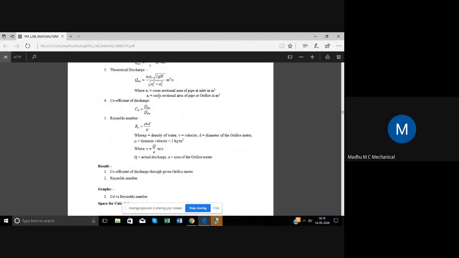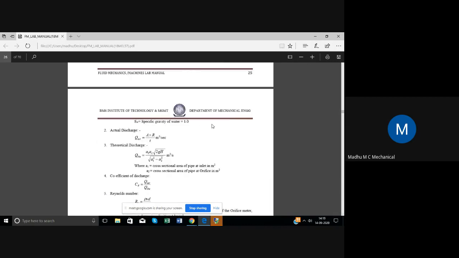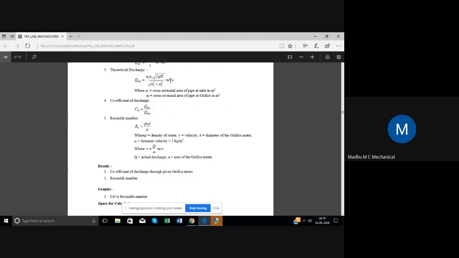So you will get A1, A2 into root of 2gH. What is capital H? Head loss. H is equal to h into SG minus SW in meters. Put that value here, divided by root of A1 square minus A2 square in meters. You will get the theoretical discharge.